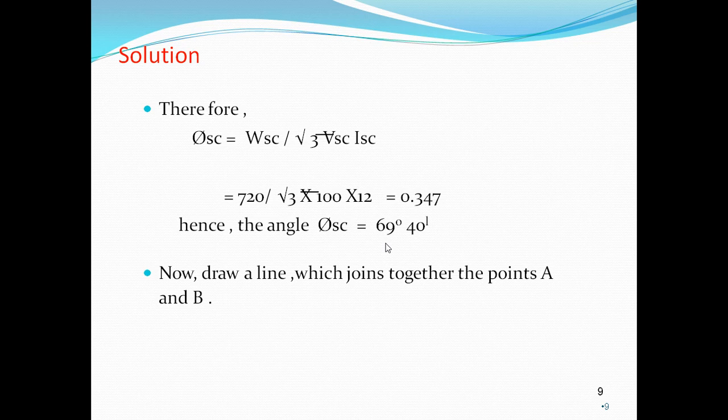Now you draw a vector OB that is starting from origin O at an angle of 69 degrees.